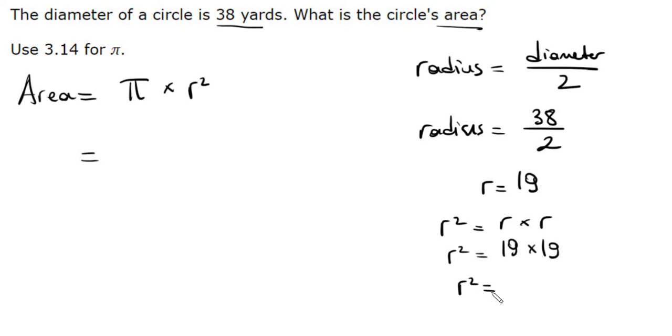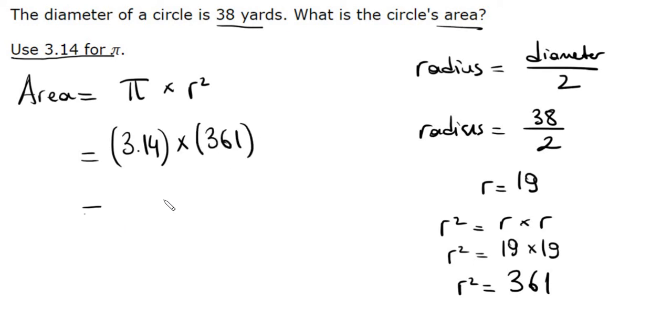19 times 19 is 361. So pi is 3.14, times r squared, which is 361.